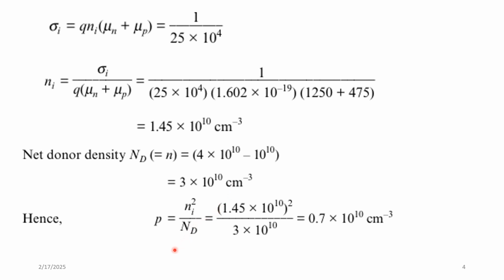Now I am going to find out p, which is equal to ni squared divided by Nd or n. So I have substituted the value of ni as 1.45 into 10 power 10, the whole square, divided by the n value or Nd value of 3 into 10 power 10. After simplification, my answer is p as 0.7 into 10 power 10 centimeter power minus 3.